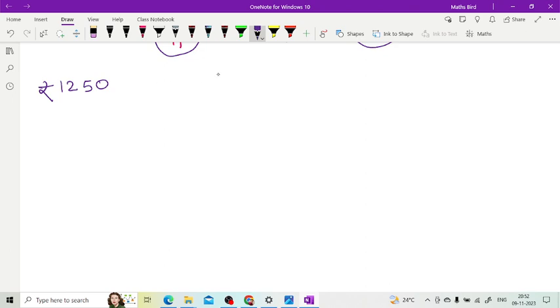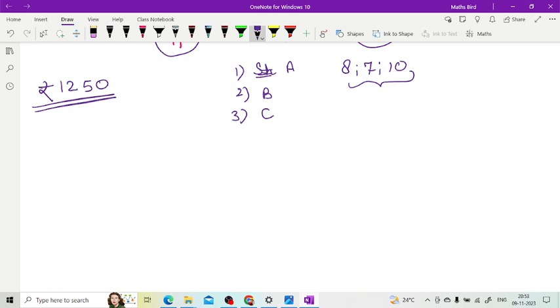And you have 3 friends, that is A, B and C, and you have to distribute the money among your friends in the ratio of 8 ratio 7 ratio 10, right? You have 1250 rupees and you want to distribute it among your friends, and ratio should be 8 ratio 7 ratio 10.